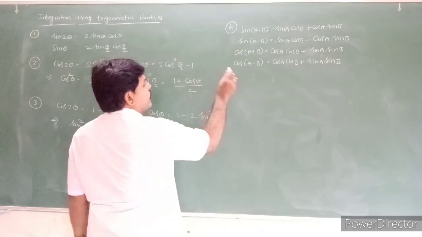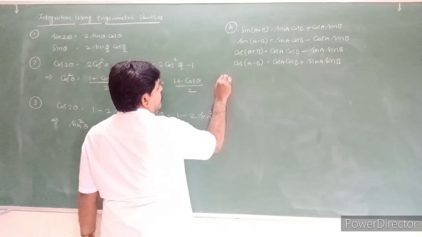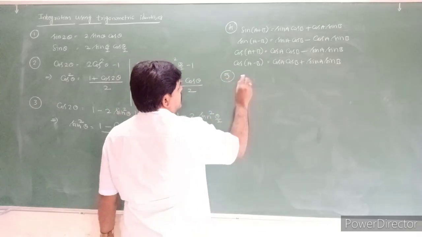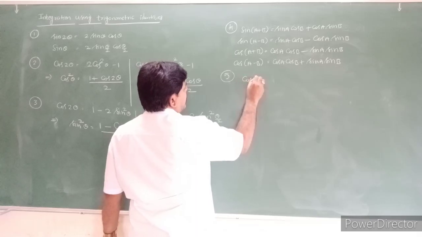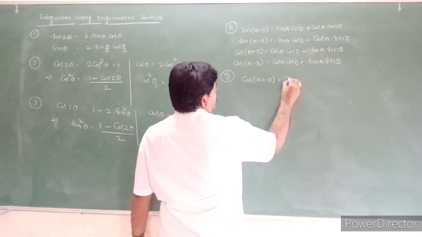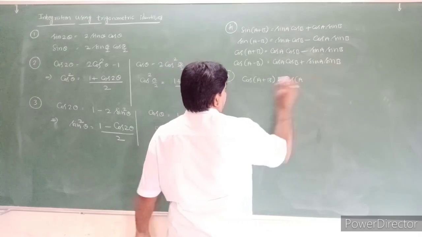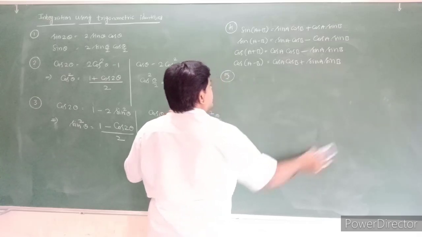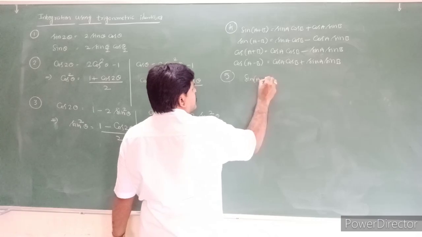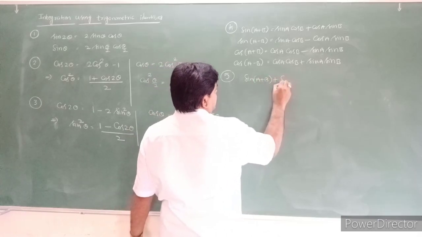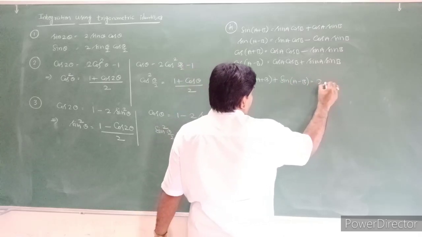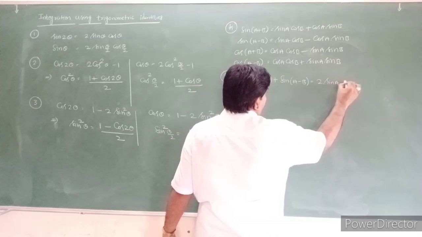And also see the very important formulas. These are the formulas we are going to use in the problems. First we will start with sine. Sin of a plus b plus sin of a minus b is equal to 2 sin a cos b.